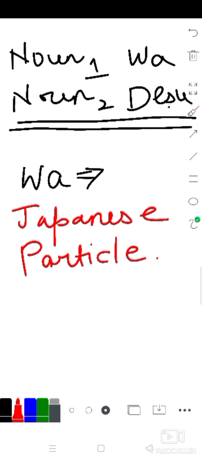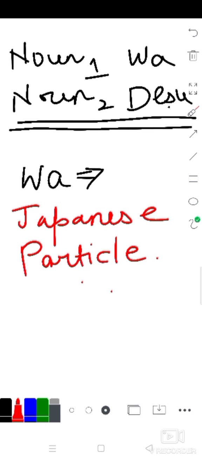In future you will learn many particles, and Japanese particles mean Japanese grammar which will give you an idea about the sentence content and what we are trying to say in the sentence. As of now, because you are a beginner, I will say that wa is a Japanese particle.